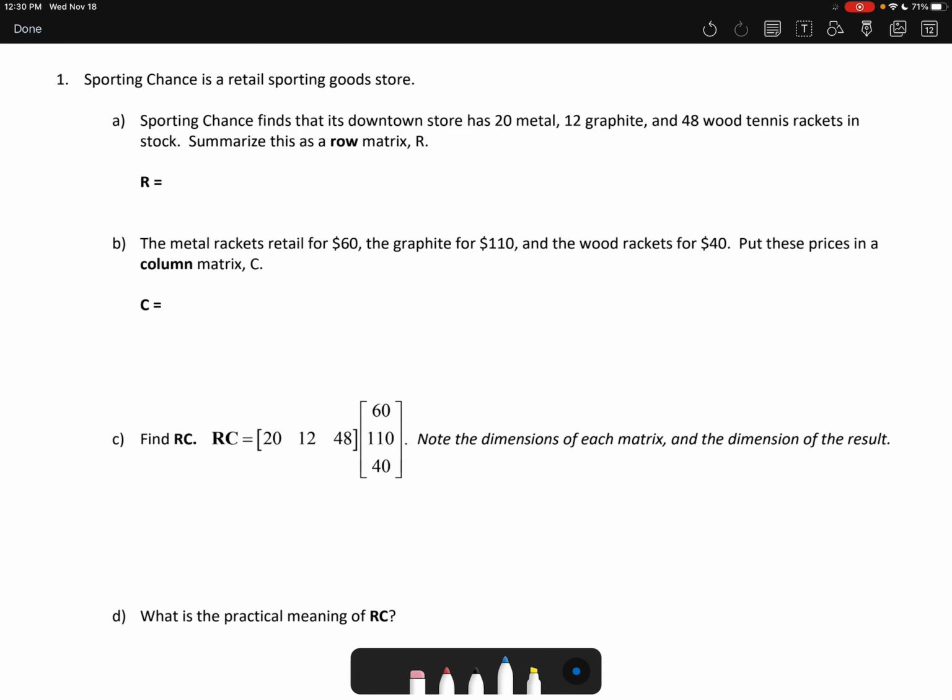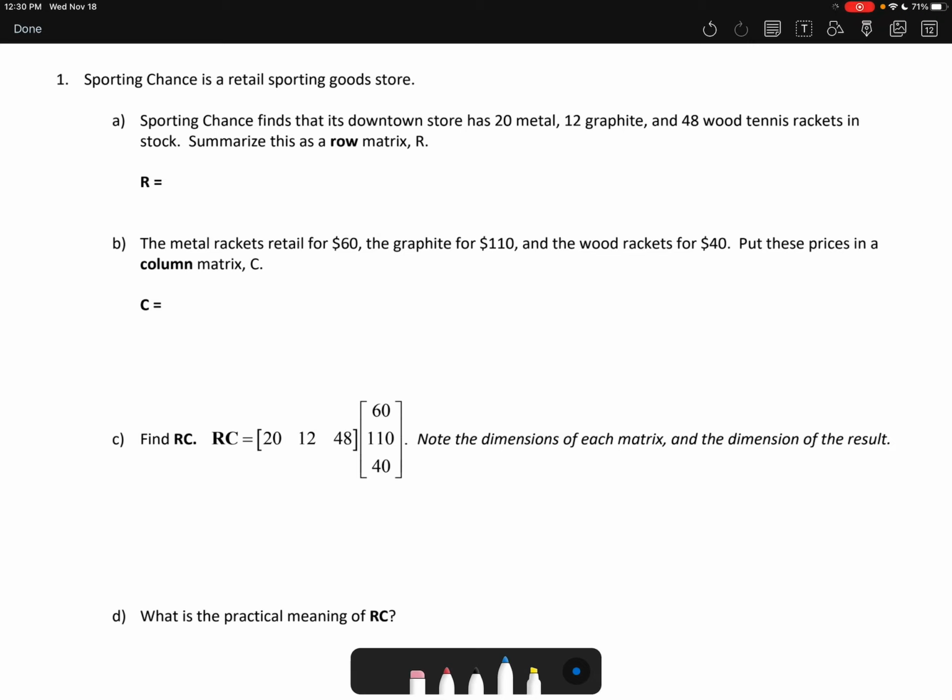I'm going to introduce this idea to you as an application, and then we will move on from there. So why might we want to do this? Okay, so we have Sporting Chance, a retail sporting goods store. It said that its downtown store had 20 metal, 12 graphite, and 48 wood tennis rackets.